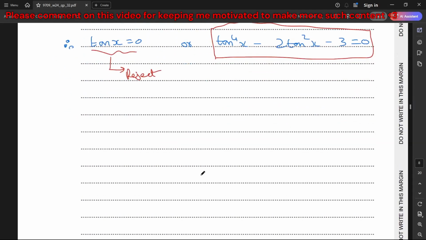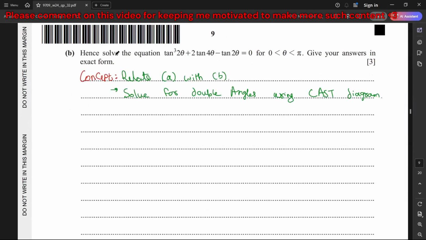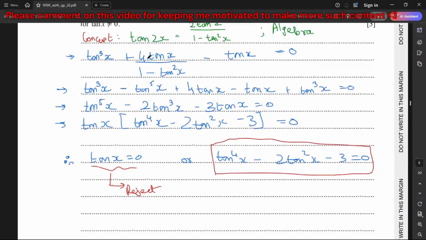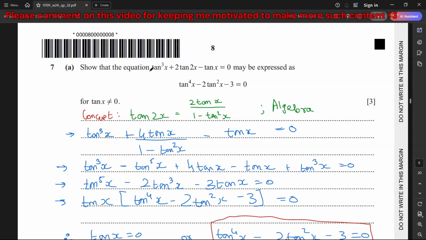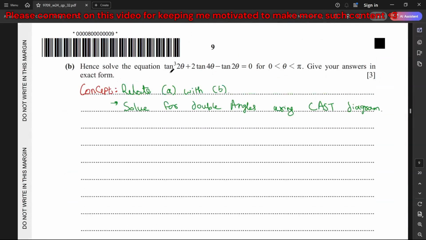Now for the second part, it is given: hence solve the equation tan cube 2 theta plus 2 tan 4 theta minus tan 2 theta equal to 0 in the range 0 to 180 degrees or 0 to pi radians, giving your answers in the exact form. So the first thing we need to do is relate our equation in part A with this equation.